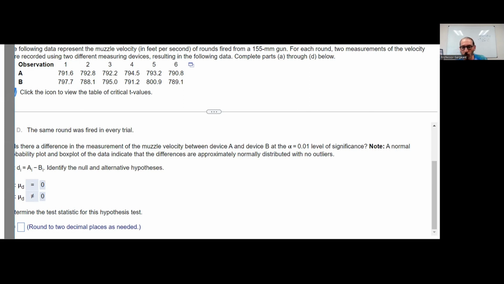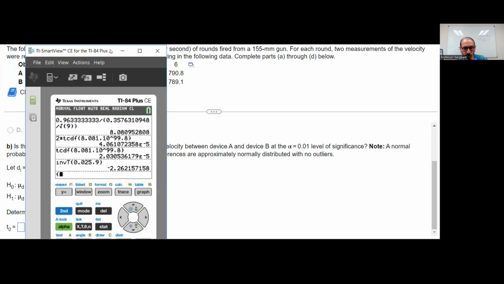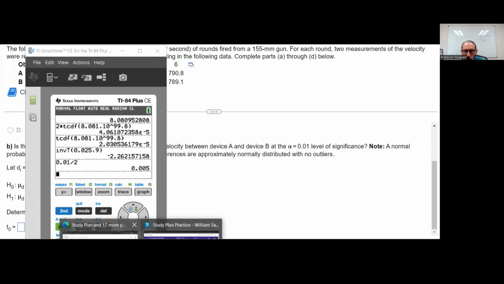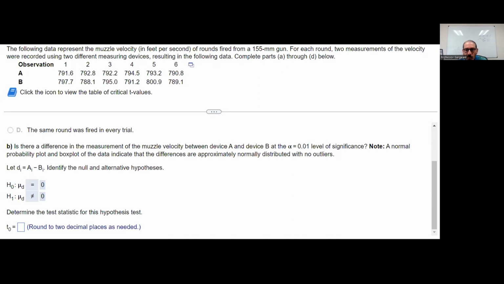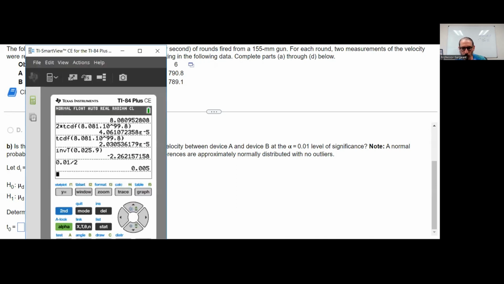So, okay, we already have an alpha, but since this is two-sided, we need to divide by 2, because we are going to be looking at a table that has just what's in the right tail. We have 6 pairs, so the sample size is 6. One less than that is how many degrees of freedom we have, 5. I will be looking at the intersection of the 5 degrees of freedom row with the 0.005 column.